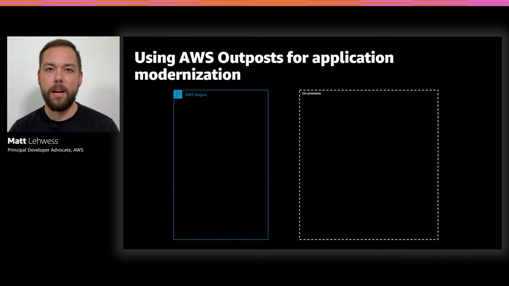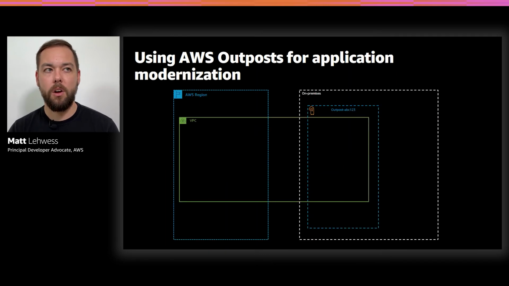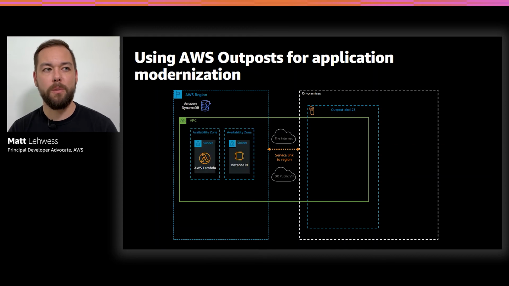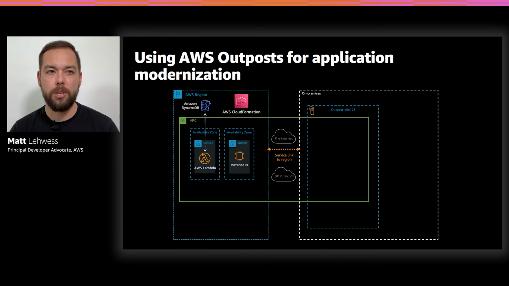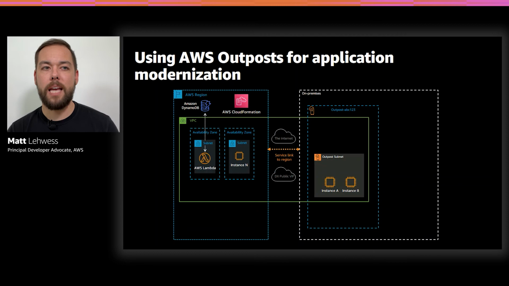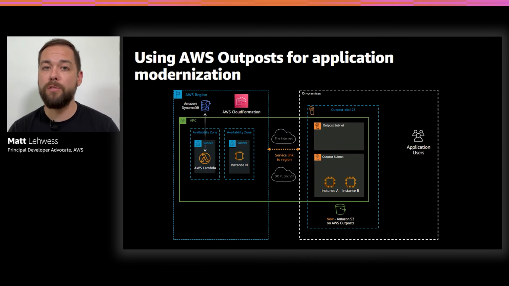And so if we look at a quick architecture here, on how the application modernization deployment would look like. We've still got things like Dynamo and Lambda and CloudFormation that are operating in the region. And so the outpost connects back to the region and is able to interact with these services. But we're also deploying things inside the outpost here where we've got S3, so our object storage in the outpost.